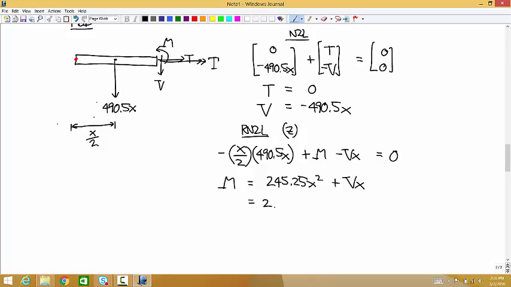So we get 245.25x squared minus 490.5x squared. So our final function for M is equal to negative 245.25x squared.